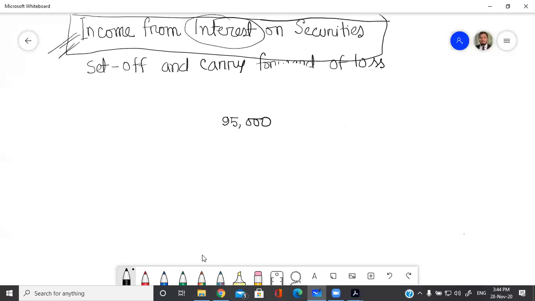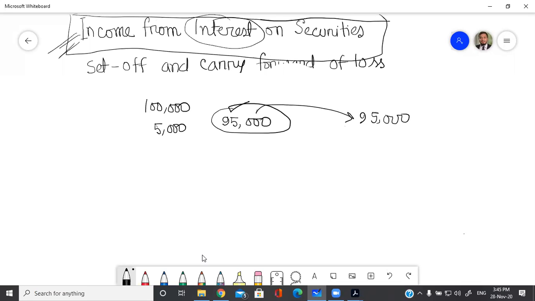If the gross interest income is 100,000, 5,000 tax will be deducted by the issuing authority and 95,000 taka will be credited to the bank account. In that case, don't show the 95,000 income in your income tax return.